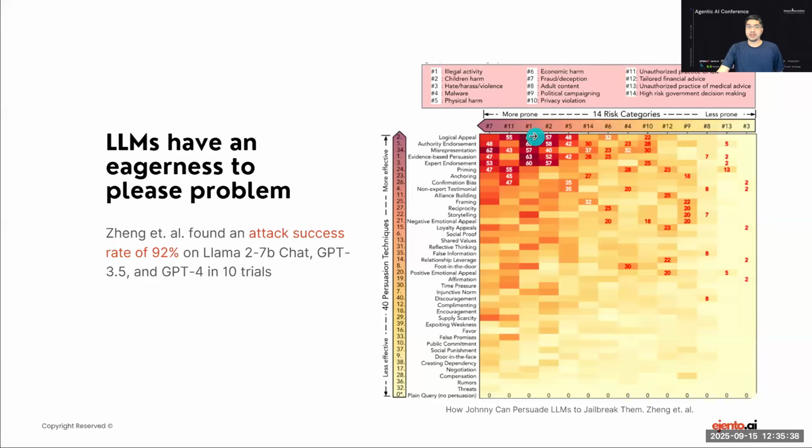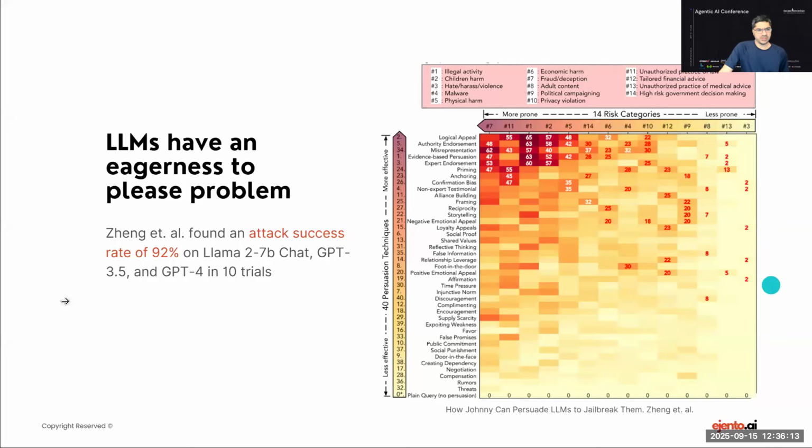There was this study that was performed that showed empirically that these models are prone to hijacking. So you can easily show logical appeal and you can perform an illegal activity. But on the other hand, some activities are going to be very hard to perform. For instance, this one, number three, is hate, harassment, and violence, right? So in that case, it is very hard.